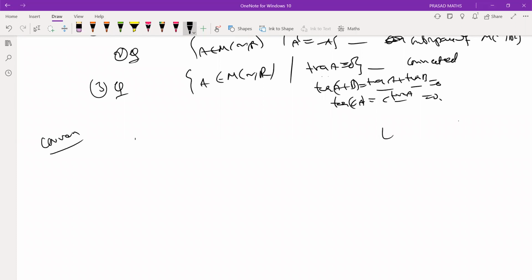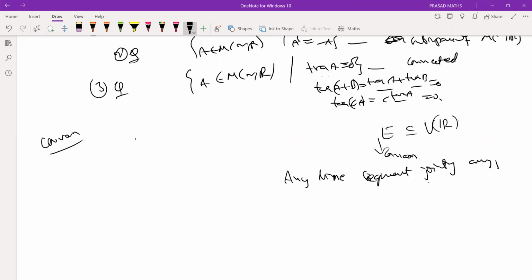In fact, any subset E of a normed linear space or vector space, in fact a real vector space, is said to be convex if any line segment joining any 2 points of the set should be in E. If that happens, E is convex.